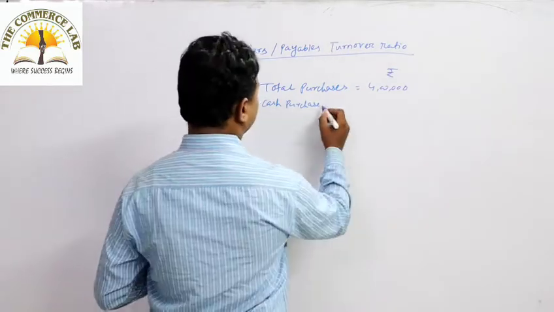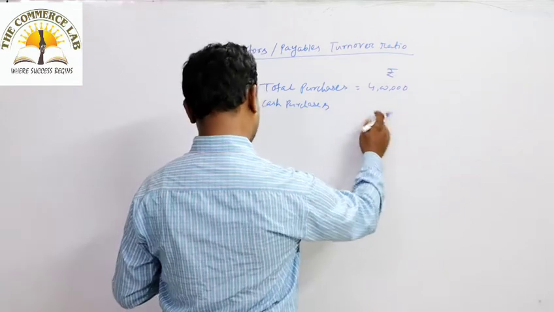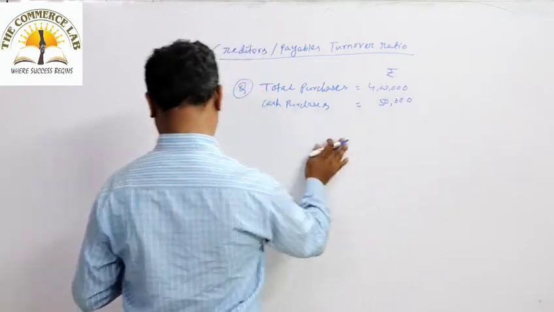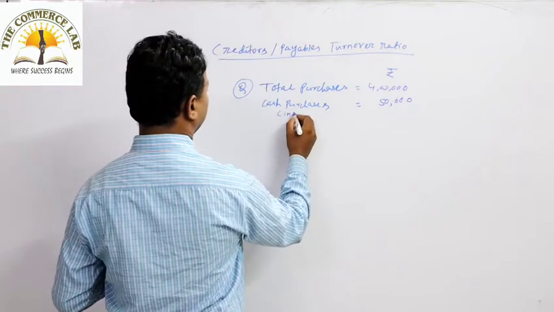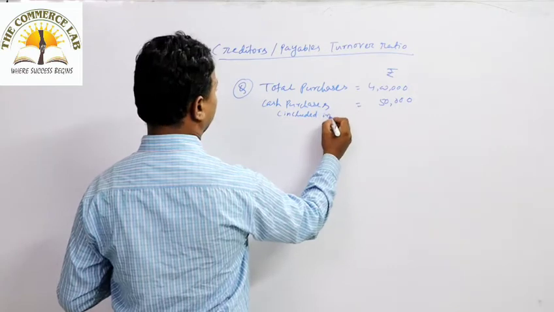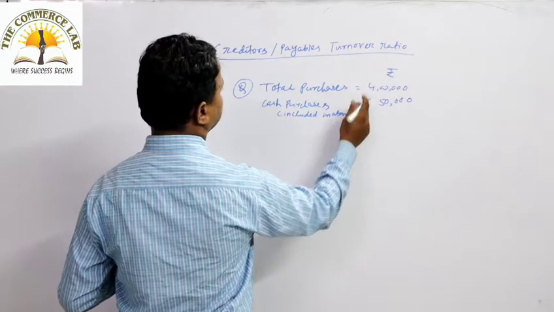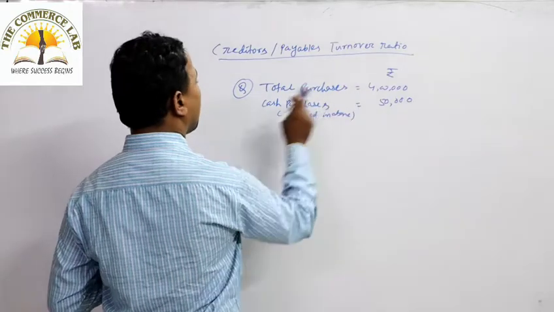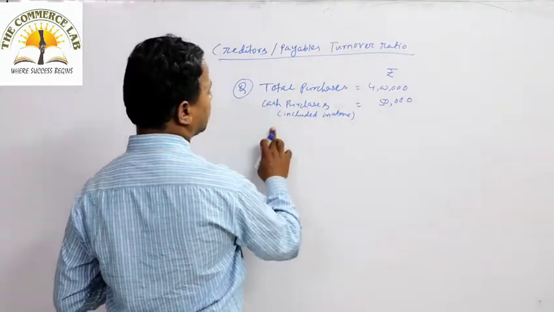So total purchases are 4 lakh, then cash purchases how much? 50,000. It is written as included in the above. So if the firm is purchasing 4 lakh, out of those 4 lakh, how much is the cash purchase?